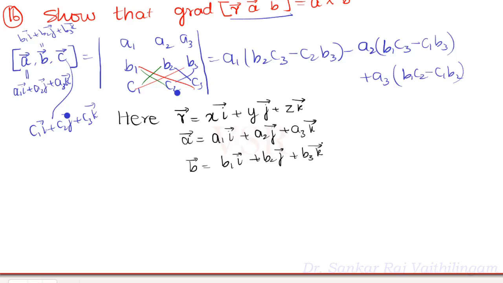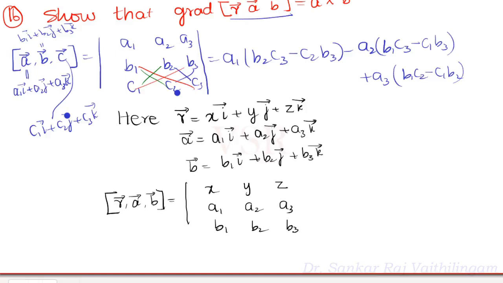Then what is this triple product? This is r vector, a vector, b vector, the box triple product, which is the determinant with rows X, Y, Z, A1, A2, A3, B1, B2, B3.